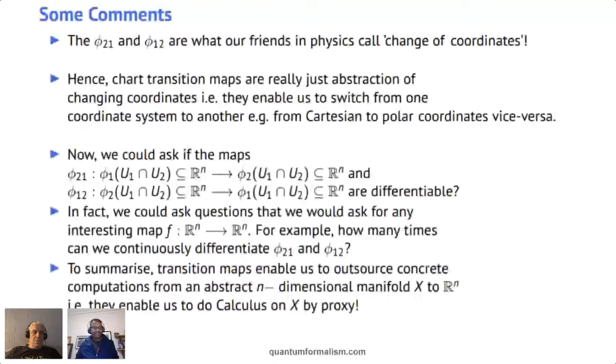This is really the main point of these guys. They enable us to really do calculus on an abstract manifold using Rn. So this is very, very powerful.